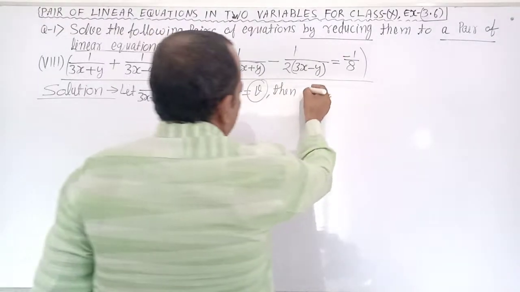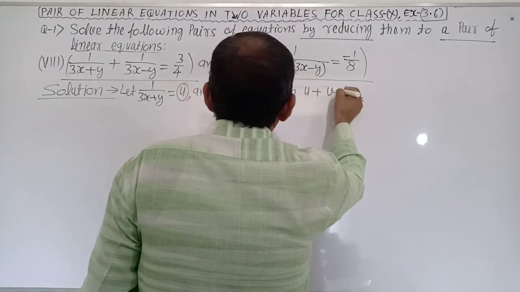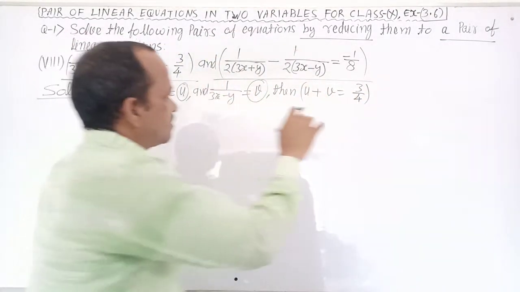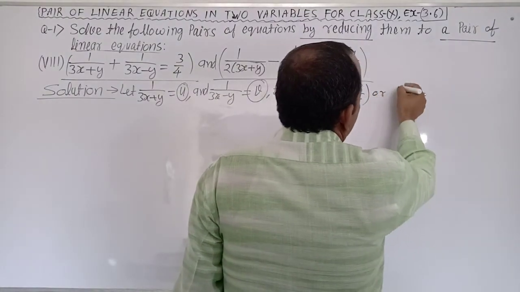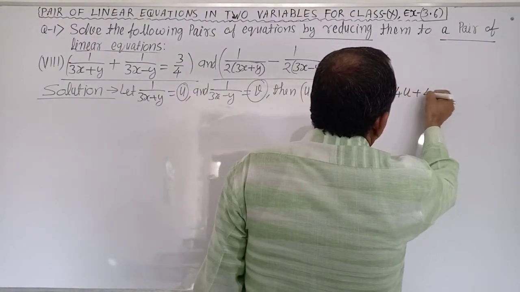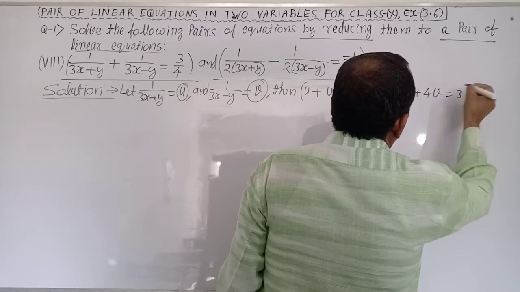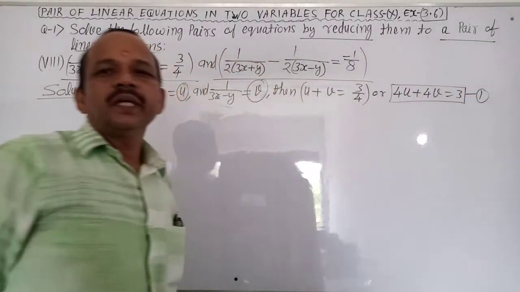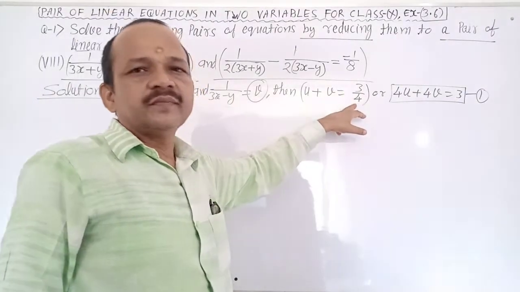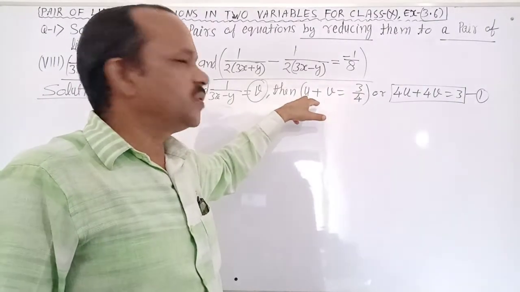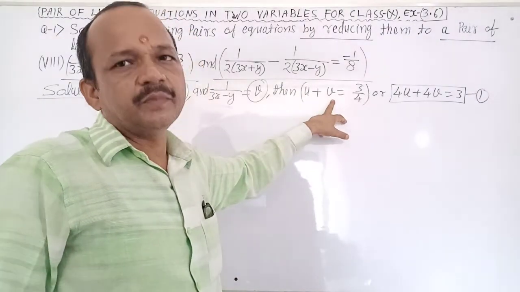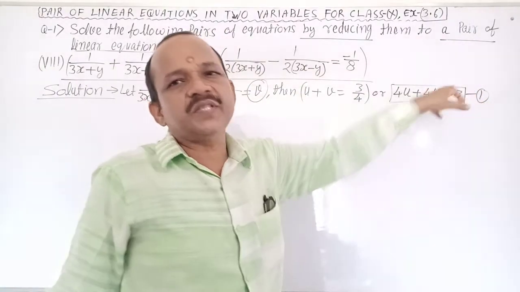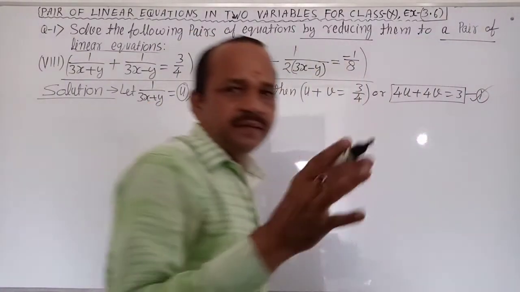Here u plus v equal to 3 by 4, or 4u plus 4v equal to 3. It is equation first. Here you multiply by 4 on u plus v. It becomes 4u plus 4v equal to 3. It is equation first. Clear?